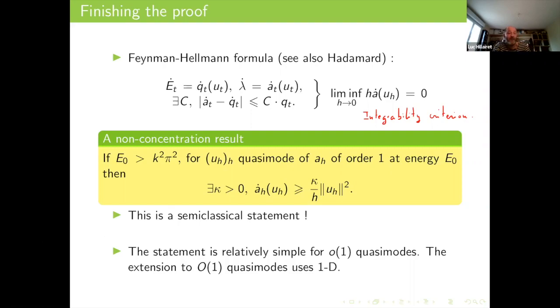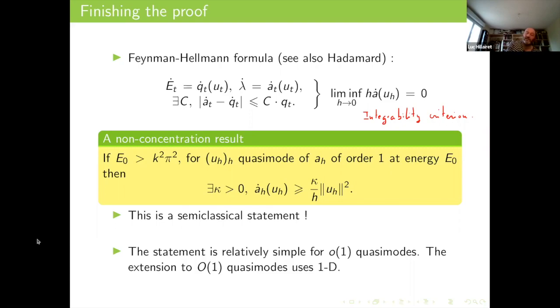Now you prove that if you suppose that E0 is bigger than this threshold, k squared pi squared, and you take a quasi-mode of order 1, then you find a positive kappa such that h times A dot of u h is bounded below by kappa times the norm of u h.